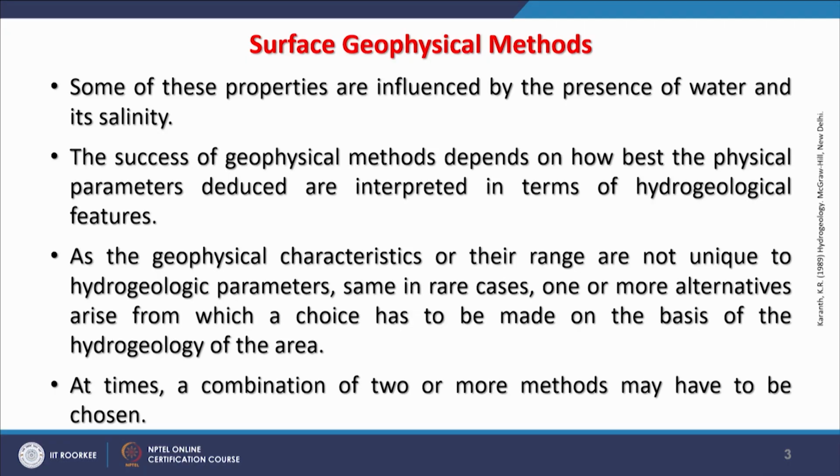So, that part has to be explored first, and then the choices are available for choosing the best appropriate method, or when, after even looking through the ranges of these geophysical characteristics, an appropriate surface geophysical technique can be adopted.